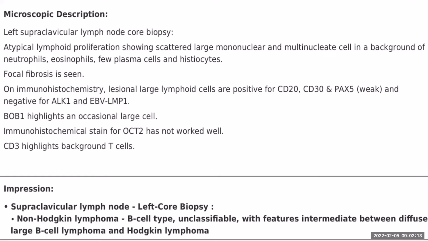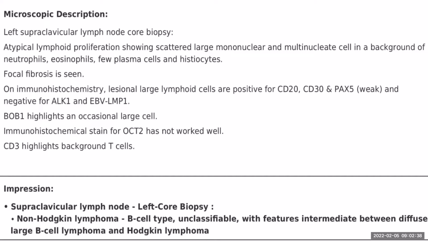Core biopsy was done for this patient, which showed atypical lymphoid proliferation with large mononuclear and multinuclear cells. On immunohistochemistry, the cells were positive for CD20, CD30 and PAX5, and negative for ALK1 and EBV LMP.